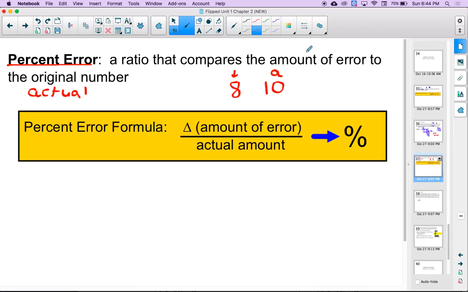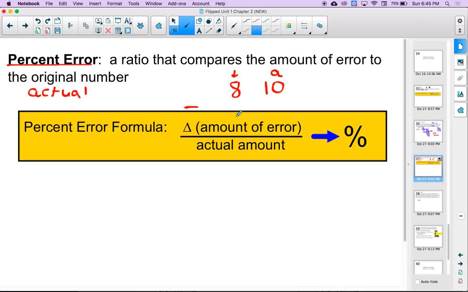So percent error figures out, hey, how far away was your guess in terms of the actual number, the correct number? So the formula is delta, which is the amount of error, and that is another subtraction problem. We're going to subtract these two numbers, 10 minus 8, and that tells us the amount of error.